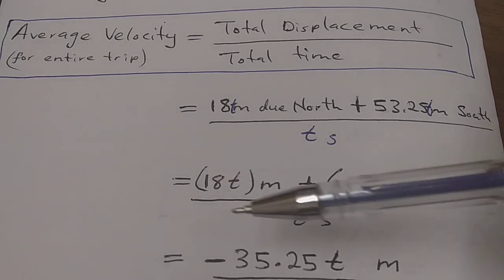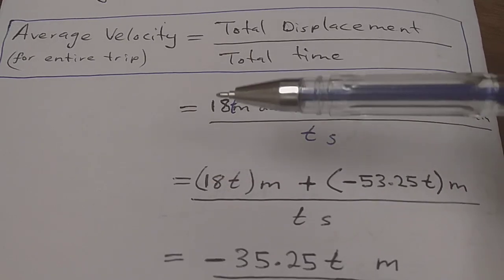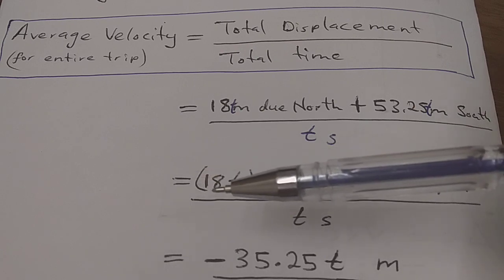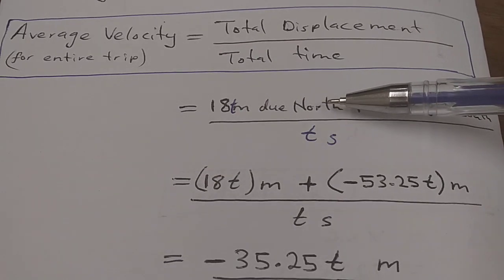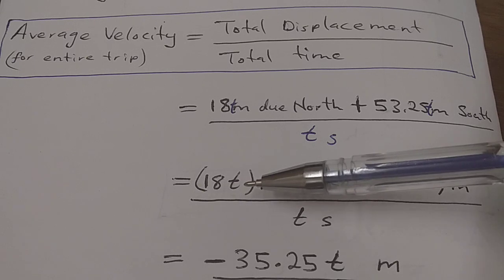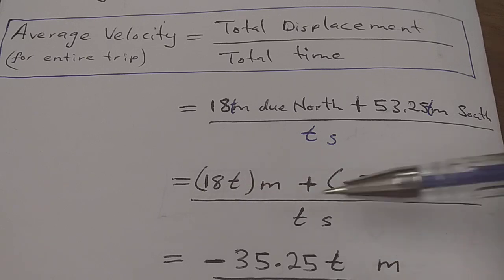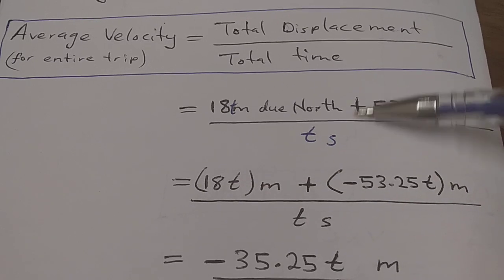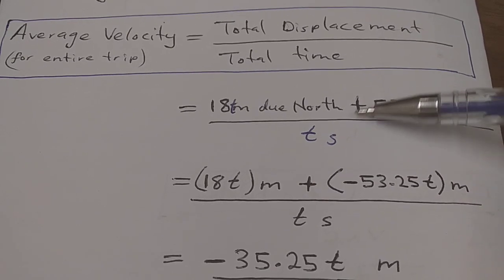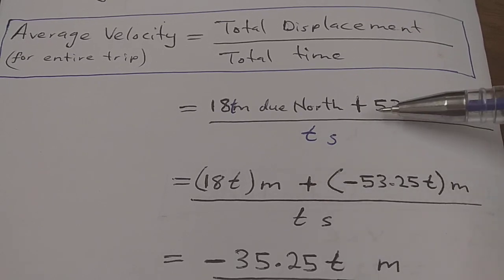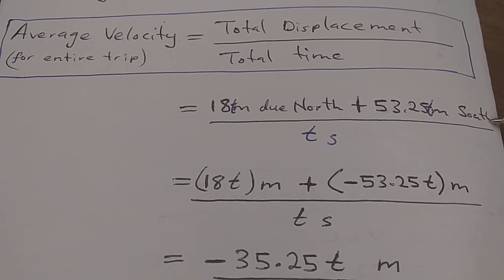So the average velocity, taking north as positive, is going to be 18 t meters plus 53.25 t meters due south.